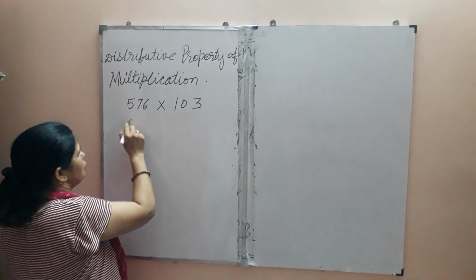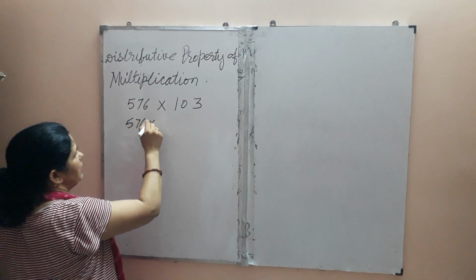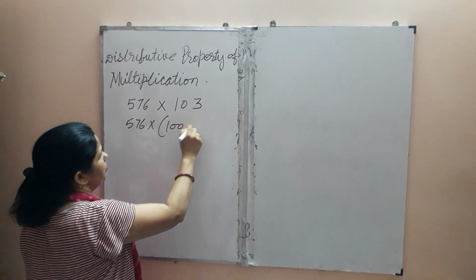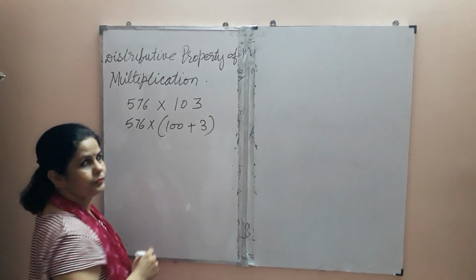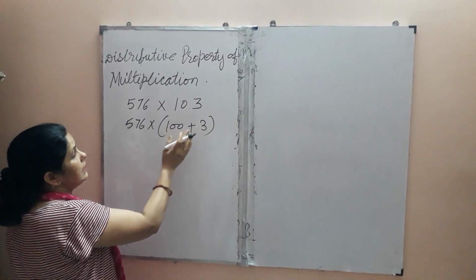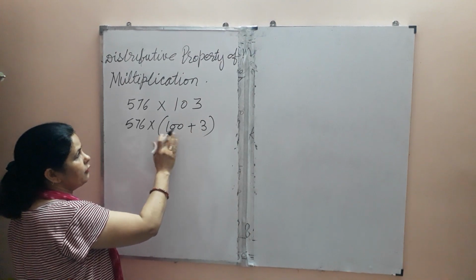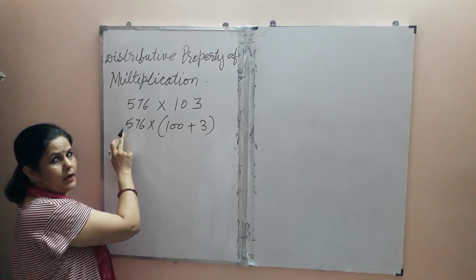So in this we will do 576 multiplied by 100 plus 3. Understood? Now if we distribute any number, then we will multiply both parts of that number with the outer number.